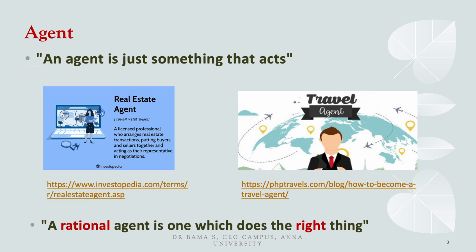So, we can say an agent is something that is actually an intermediate and does some task. Now, the next thing is a rational agent, adding another term called rational to agent. A rational agent is one which does the right thing. Now, when we talk rational, that right thing comes into place. Now, the next question is, what is the right thing?